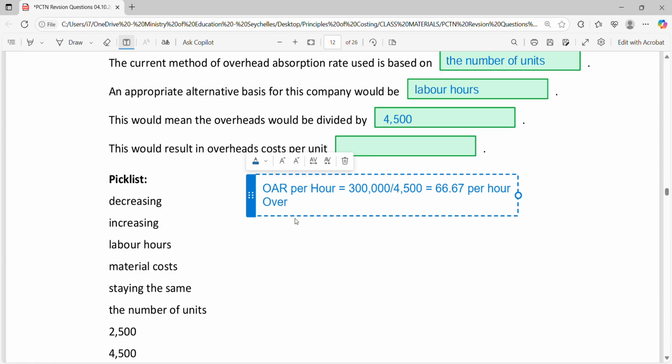per hour. Okay, but what the question is asking you is this would result in overhead cost per unit.